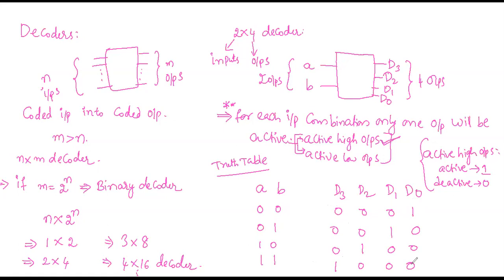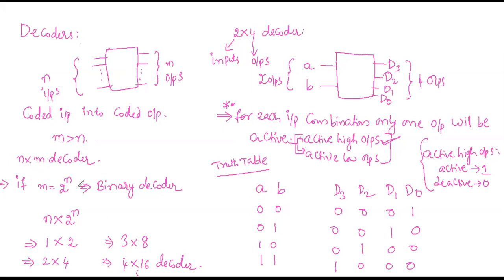And we will see the same truth table for the active low outputs. Once again, a decoder is nothing but a combination circuit with n inputs and m outputs. It converts coded input into coded output. Generally, in the decoder, outputs are greater than inputs, and we represent the decoder as an n cross m decoder.